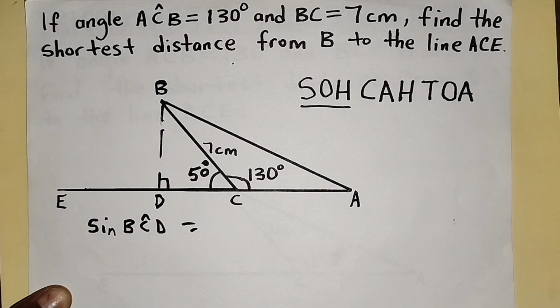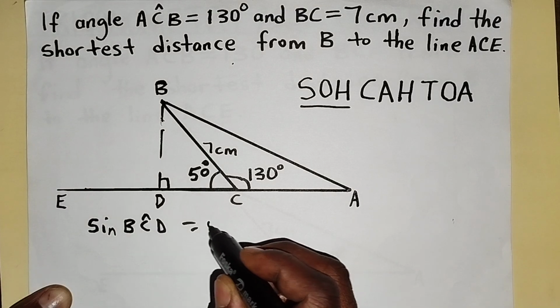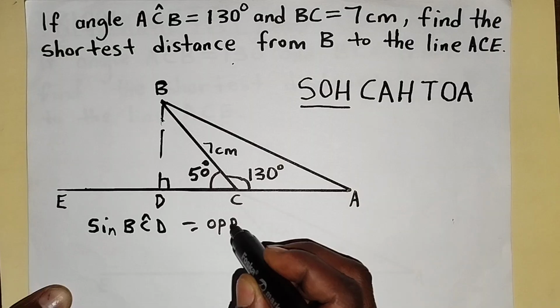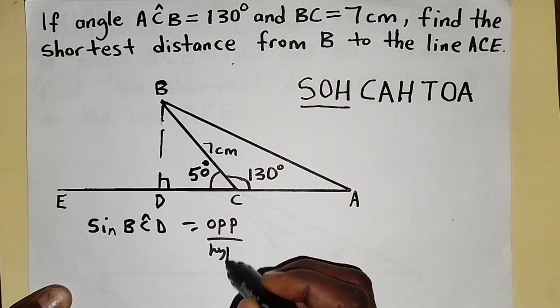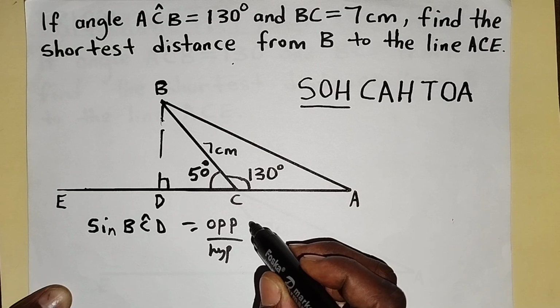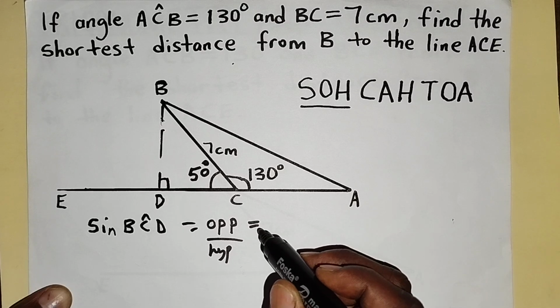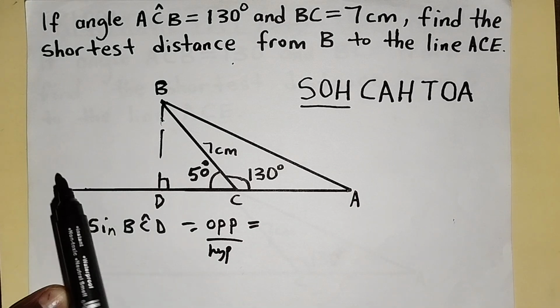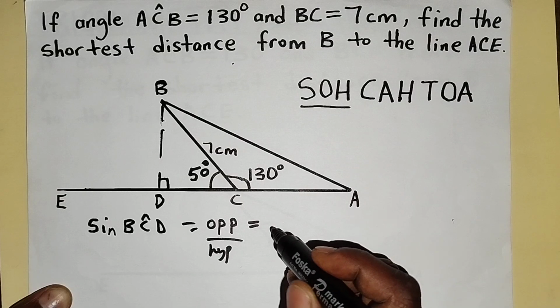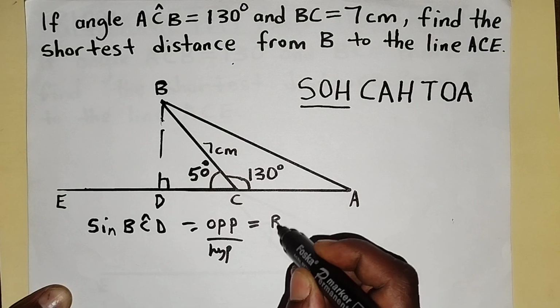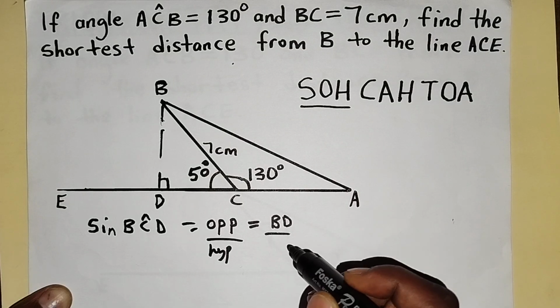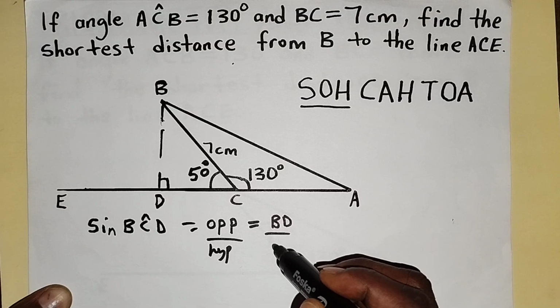The sine of angle BCD equals opposite side over hypotenuse, which is equal to, according to the length here, my opposite is BD over my hypotenuse BC.